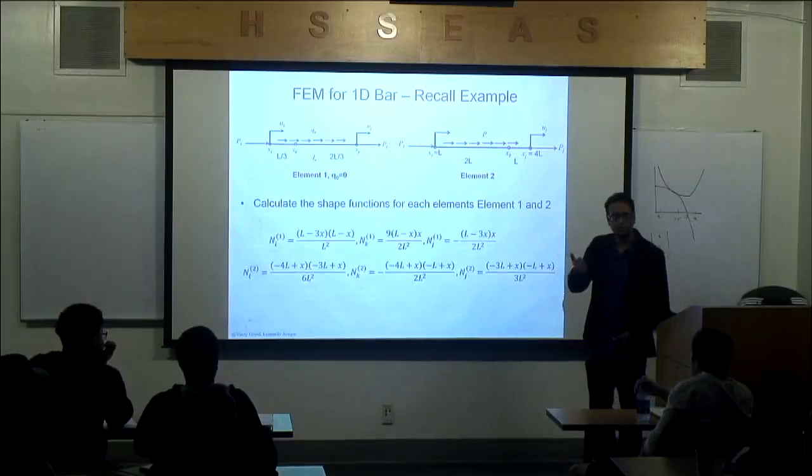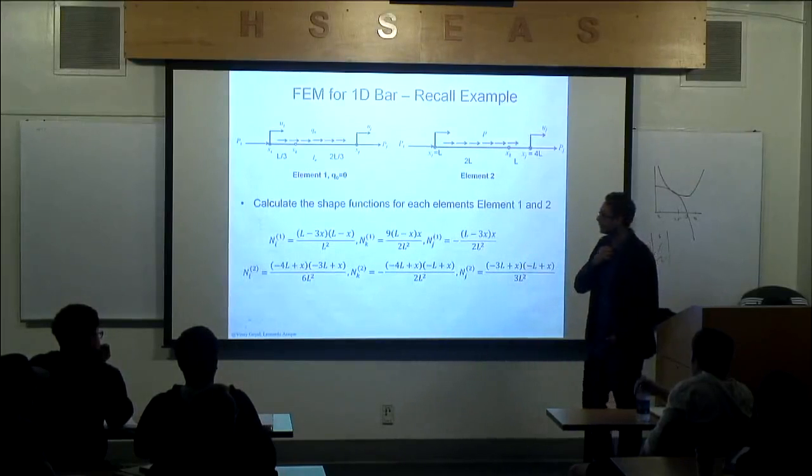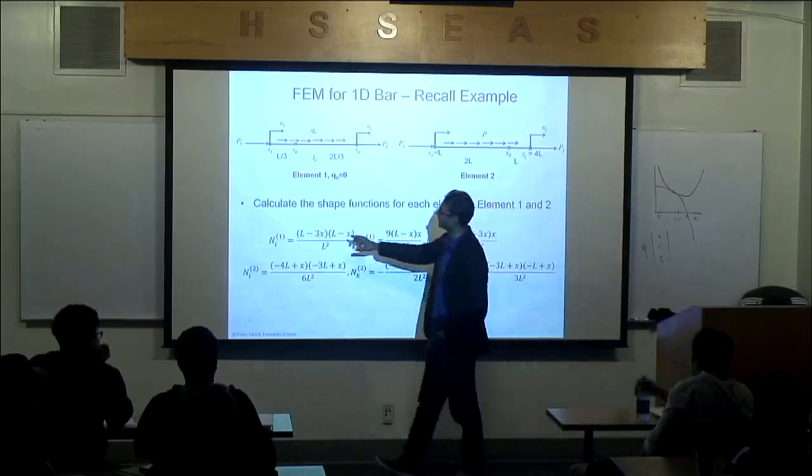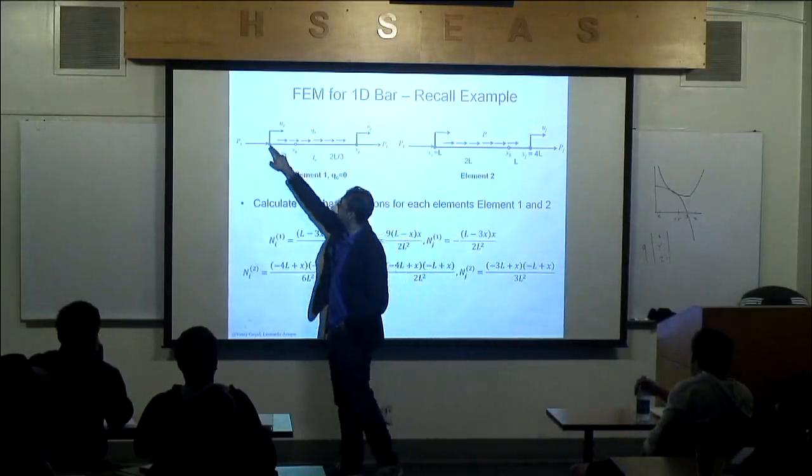We used the Kronecker delta property to figure out what the shape functions look like, and we used the partition of unity property as well. As an example, for Ni, this shape function belongs to this node, okay?